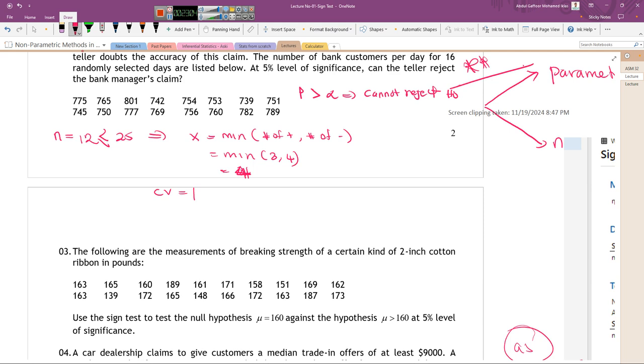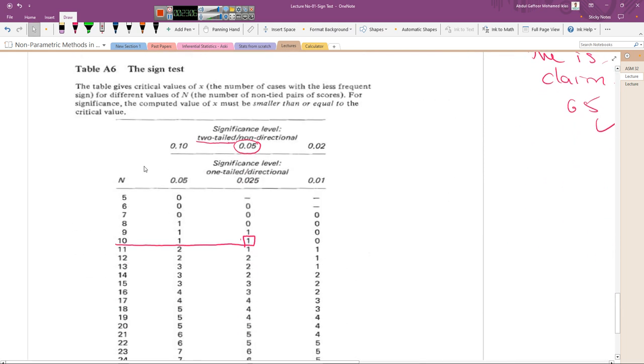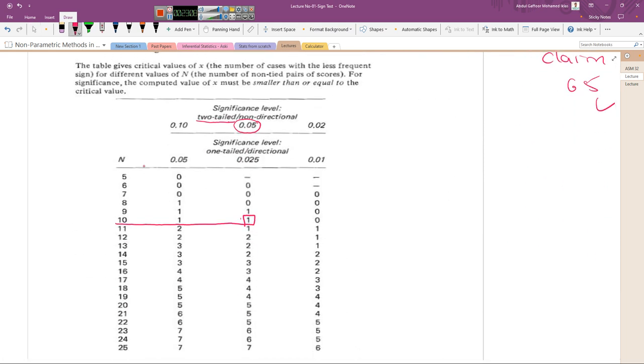So for n equal to 12, our critical value will be 2. So our critical value is 2 at the alpha value in a two-tailed test.